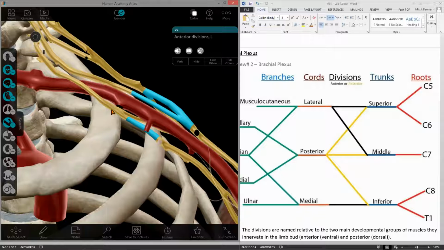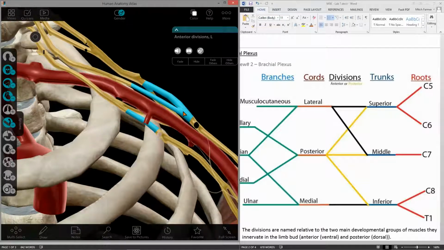But the middle just gives off an anterior that continues off like itself. So you can see that here. You have this V-shaped structure here, which is what we're looking at. And then we have this black line down here, which is a continuation of the inferior trunk, okay? Not the middle, sorry, I said the middle earlier. The inferior trunk. The middle joins with the upper.